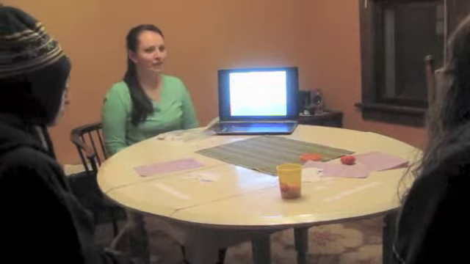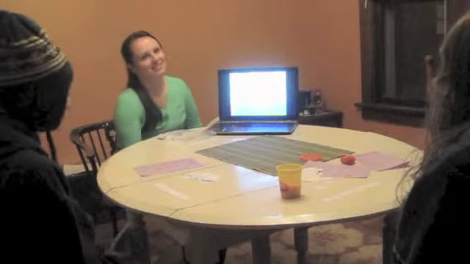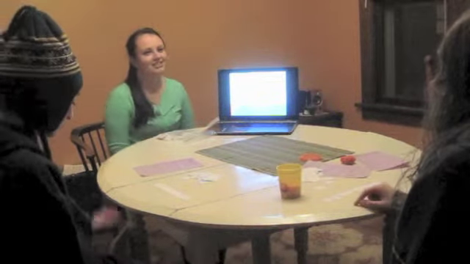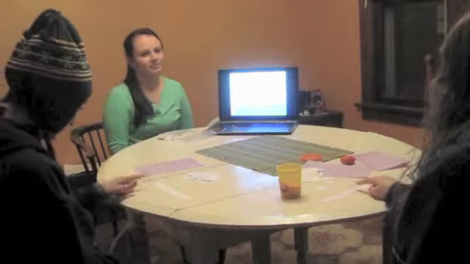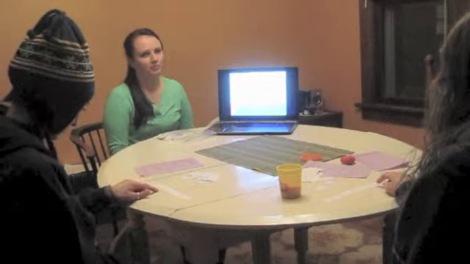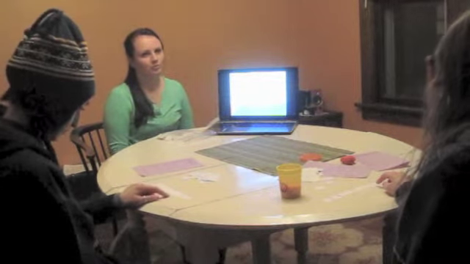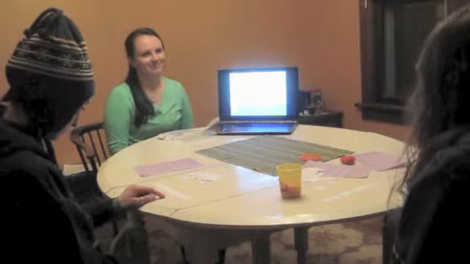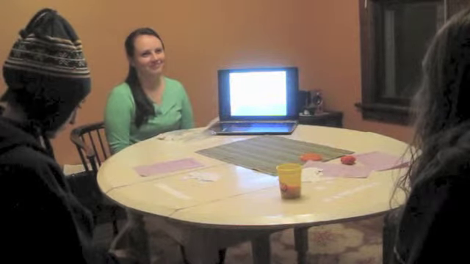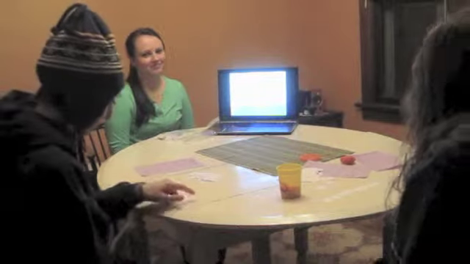Can you figure out my perimeter for me, please? 18.